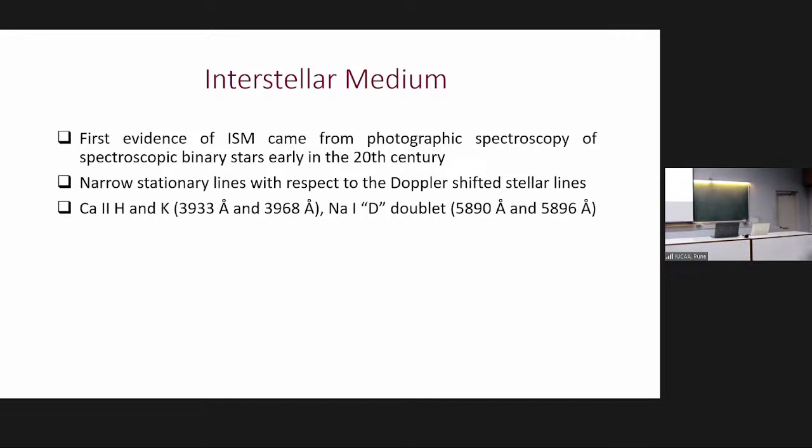If you read the second statement, it says narrow stationary lines with respect to the Doppler shifted stellar lines were found. Stars are moving, and the best way to understand if there is material in interstellar space is to have a binary object in the background.